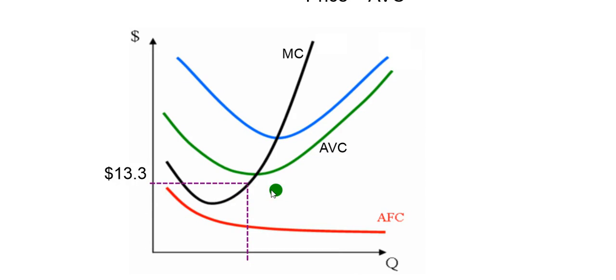So it's really simple. If this is 13.3 right here at the average variable cost minimum point, we know that is where the marginal cost equals average variable cost. We know that's where it crosses.